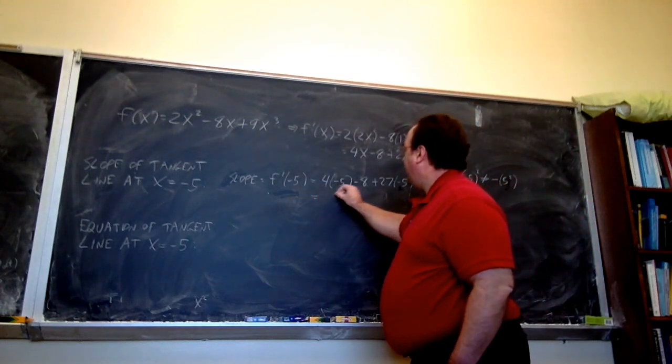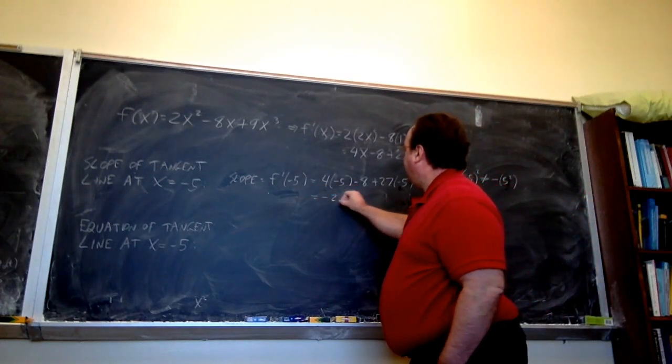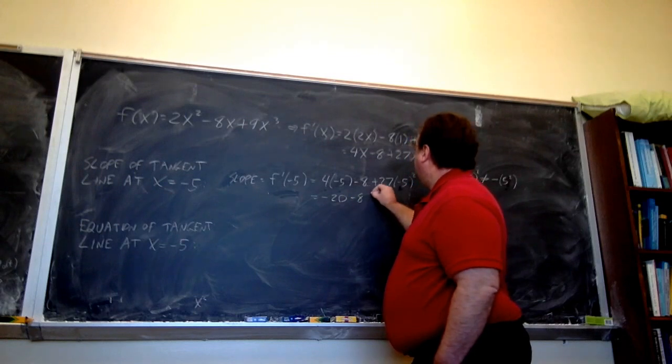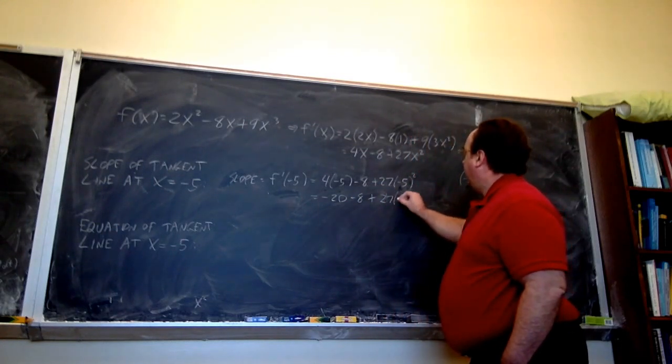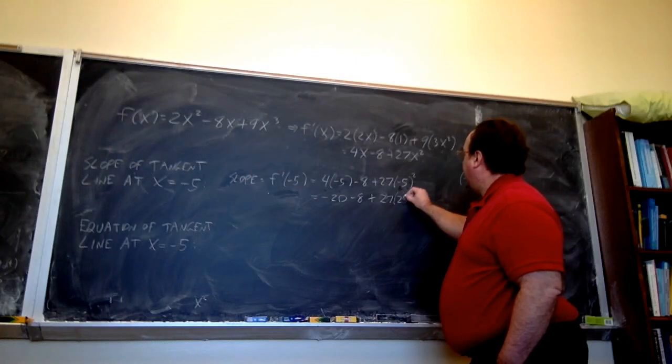Working all this out, we have 4 times minus 5 is minus 20, minus 8, and then 5 squared is 25.